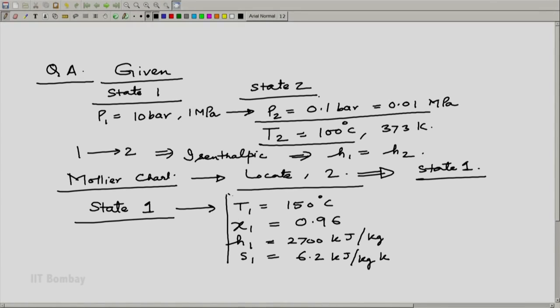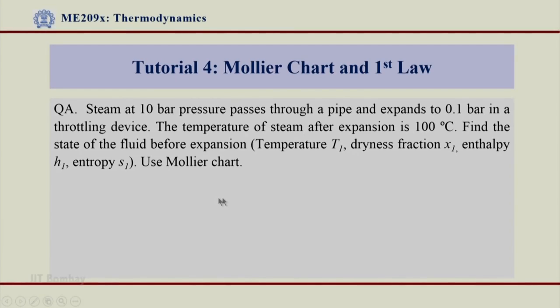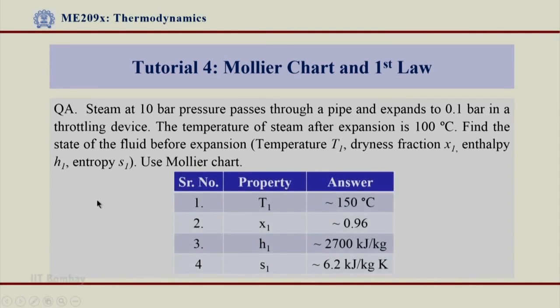So, this is my state 1, and that is what was asked in the problem. If I go to my slides and write down the answers properly, I get T1 equal to 150 degrees centigrade, x1 equal to 0.96, h1 equal to 2700 kilojoule per kg, and S1 equal to 6.2 kilojoule per kg Kelvin.